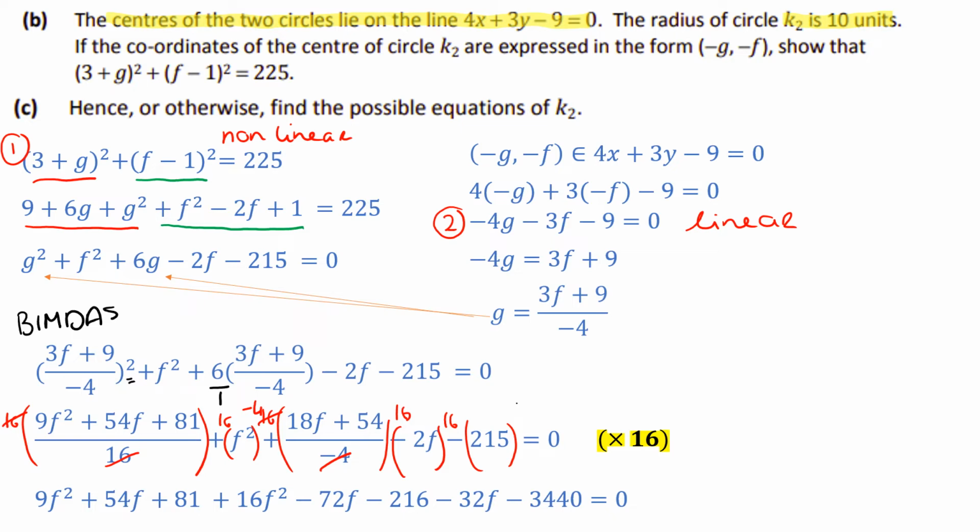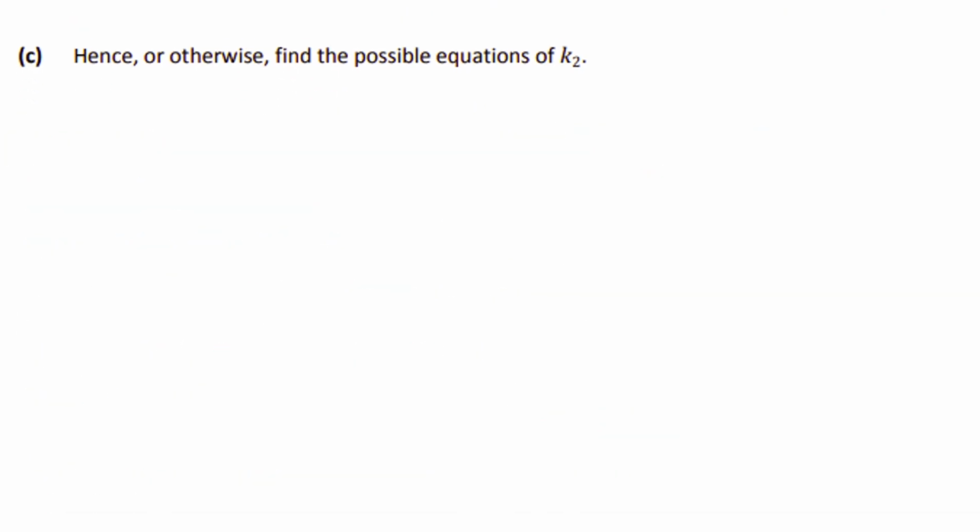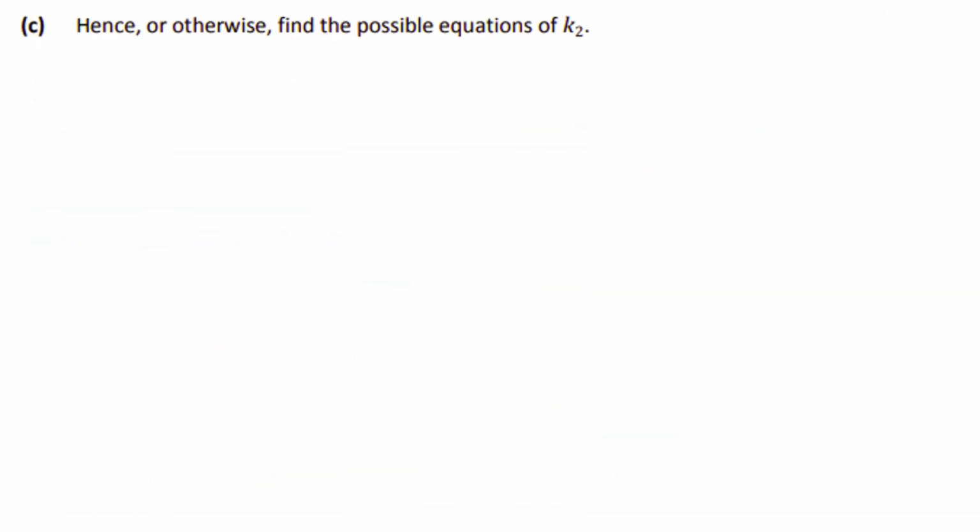So let's tidy that up and let's solve it. Now I have an equation that is only in f. So here's my simplified equation when I add together my like terms, and it is a quadratic in terms of f. I can see that everything ends up in 5, so we can try to simplify it down.